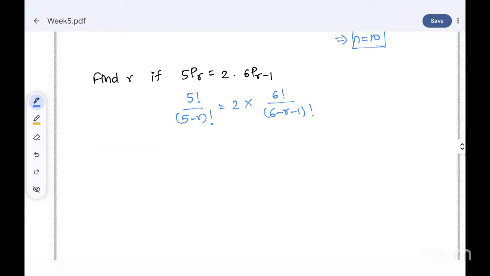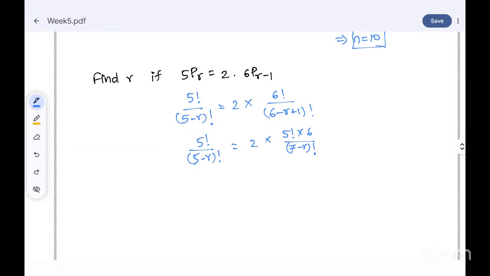So 6 minus r minus 1 becomes 7 minus r. So here you have 5 factorial by (5 minus r) factorial, which is 2 times 6 into 5 factorial divided by (7 minus r) factorial, right?